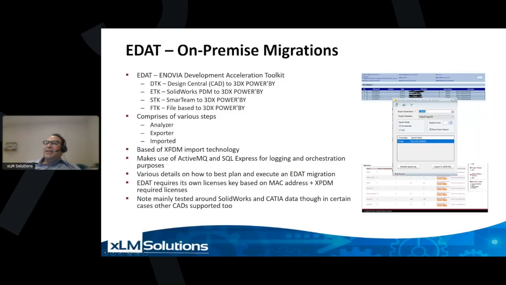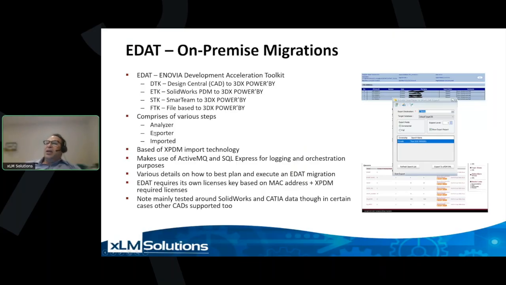This is based on this XPDM file format technology. It also makes use of ActiveMQ and SQL Express to log what's done and orchestrate the whole process. So you could be, in theory, exporting and importing in parallel.